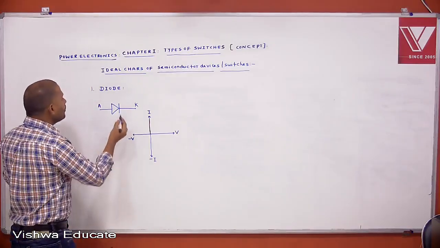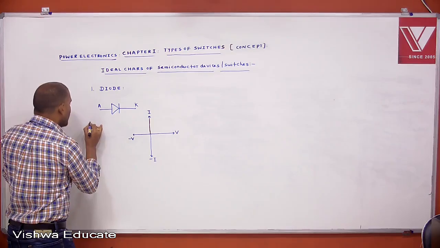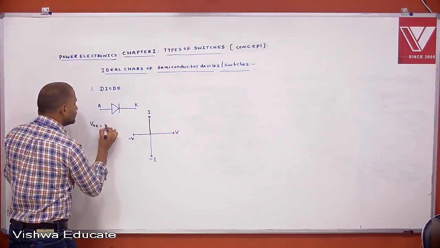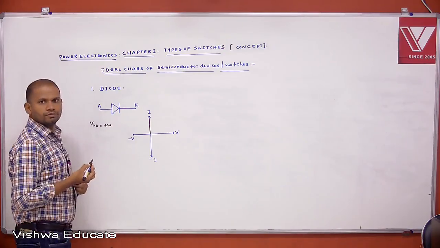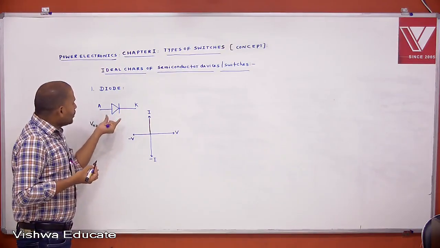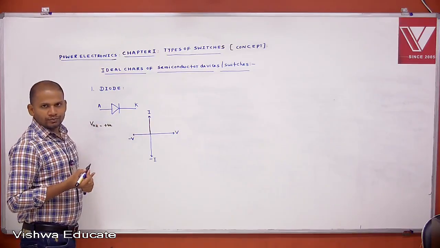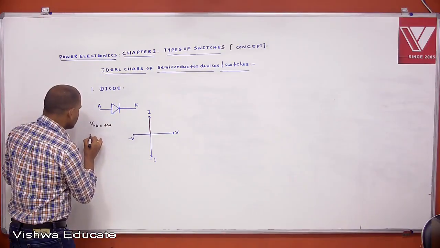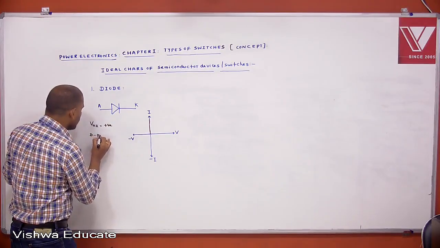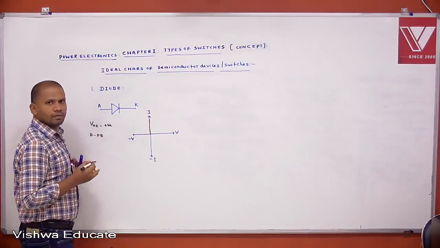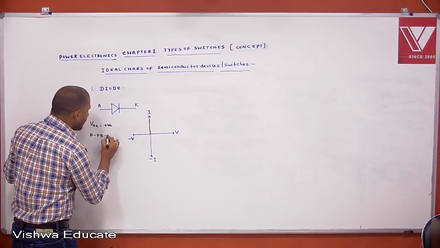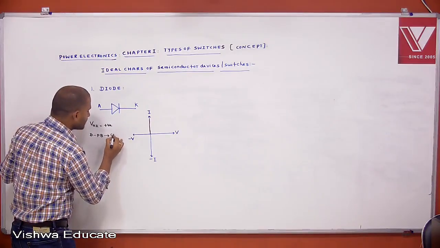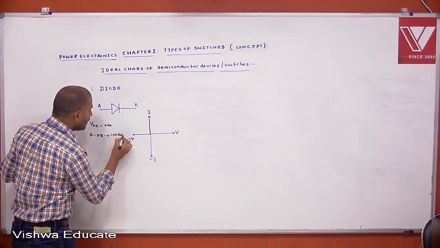Now see, for this diode, if VAK, the anode to cathode voltage, is positive, then the diode is forward biased. If the diode is forward biased, it starts conduction. The diode will conduct.